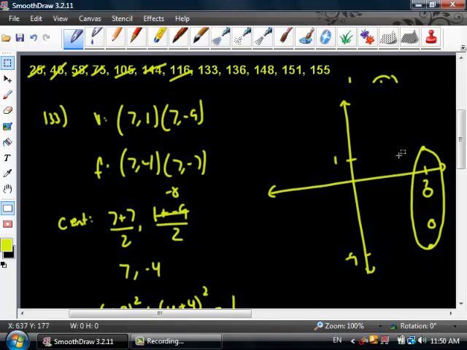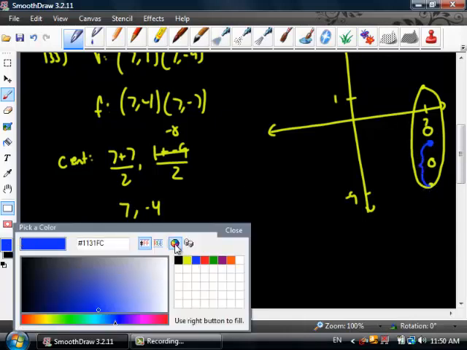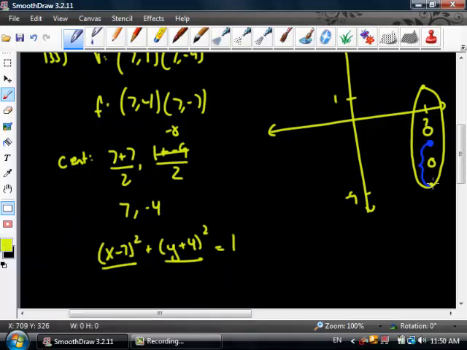I'm going to draw the center. 7, negative 4 is about right here. To figure out A, B, and C, to figure out A, I'm going to figure out the distance between the blue dot and where it connects here to the yellow dot. Well, the blue dot is 7, negative 4.